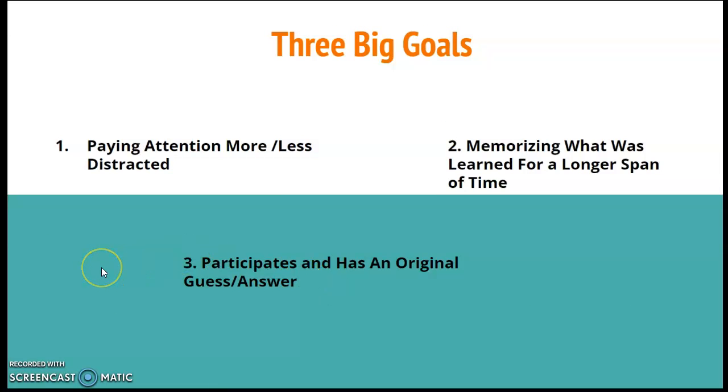So my 3 big goals for Nikhil. I want him to pay attention more and get less distracted. I want him memorizing what was learned for a longer span of time. He tends to forget things very easily. And I want him to participate and have an original guess or answer. He'll go into this thing where he won't say a thing.